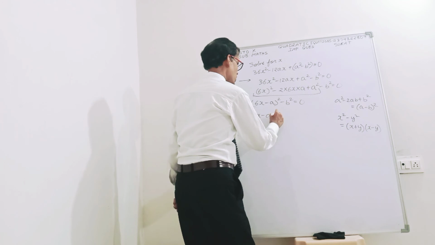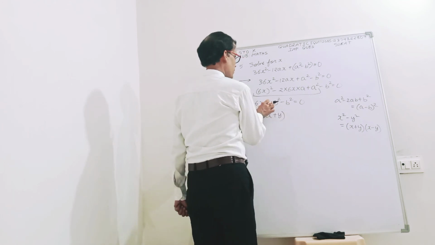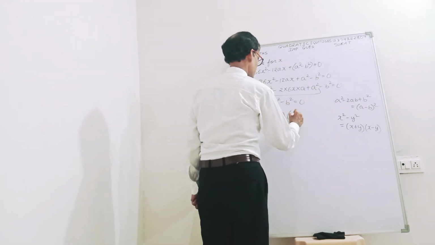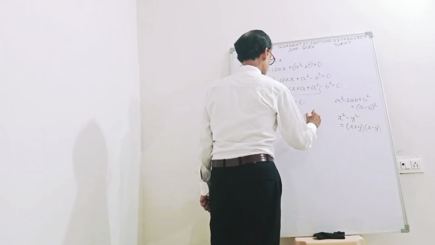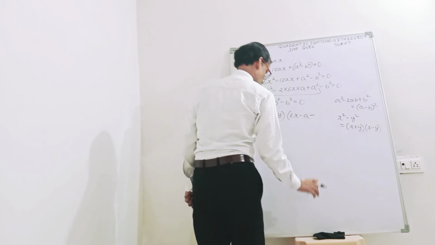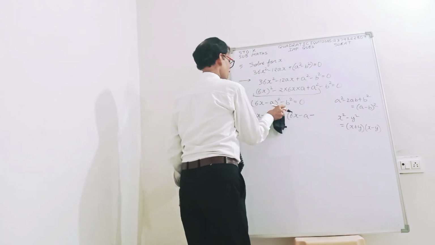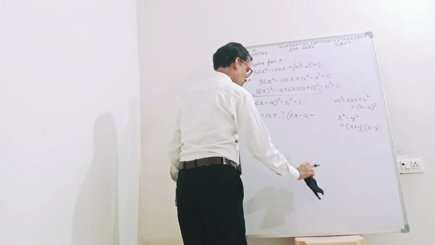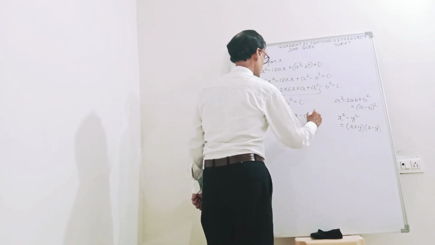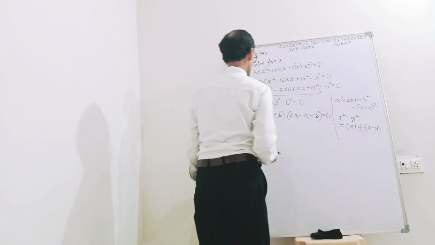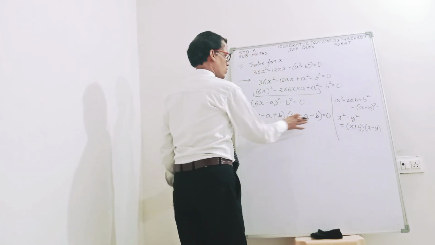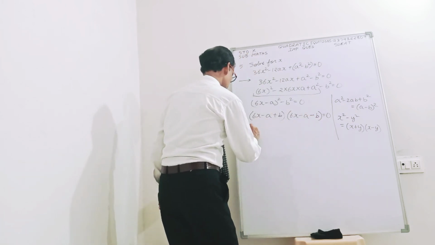Here what is y? Y is b. So either this is equal to 0 or this is equal to 0.